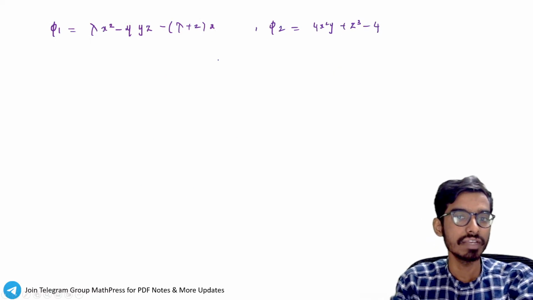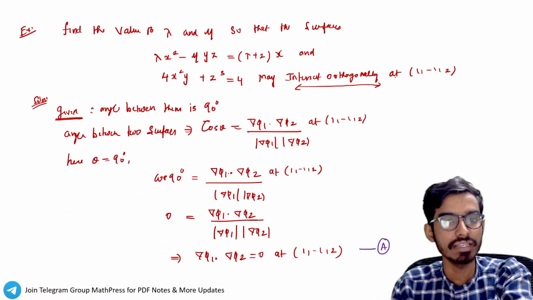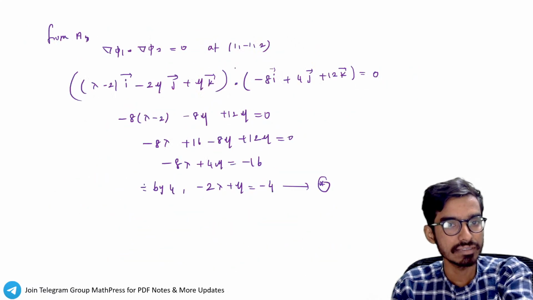We know this point lies on both the surfaces, because they intersect orthogonally. So (1, -1, 2) lies on both the surfaces, right?